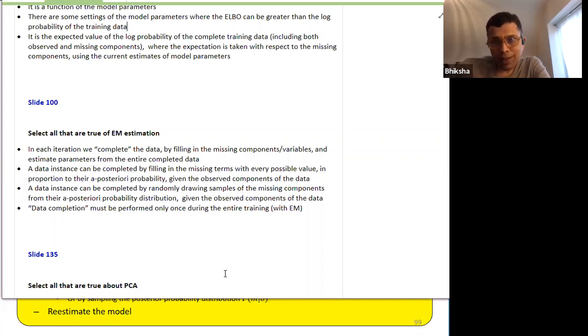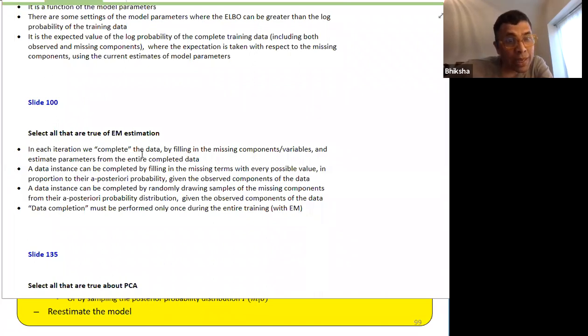Okay, stop. So I think I might have filled in this poll wrong. There are 3 answers which are correct. The 4th one is wrong, right? So here, EM is iterative.